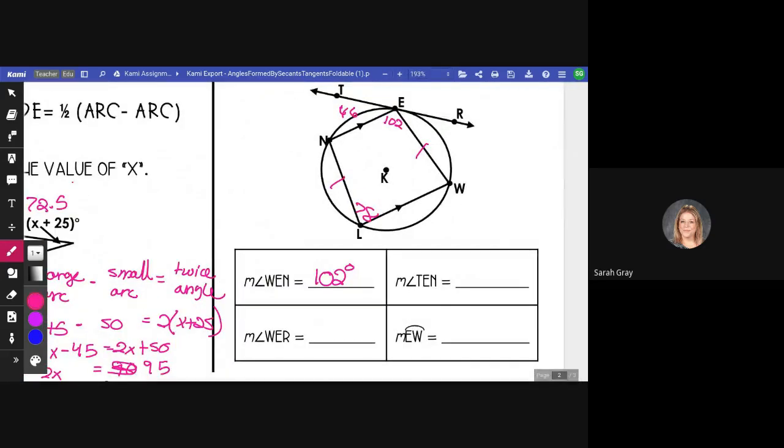So what's the measure of the angle? How big is the arc formed by angle TEN? It's 46 degrees. Arc is twice as big as the angle. So the angle is 23.